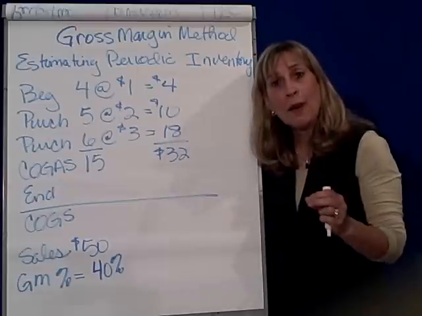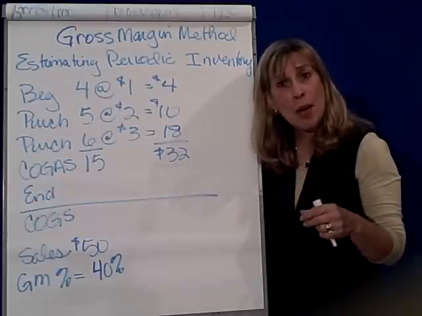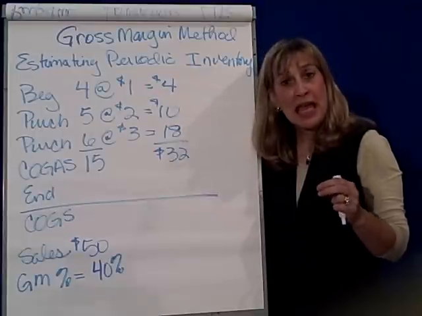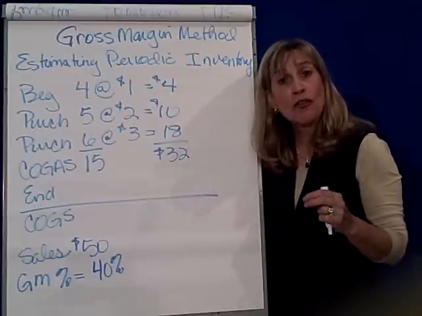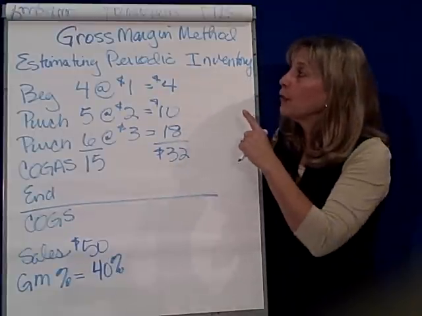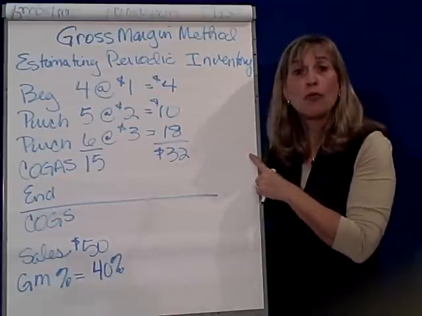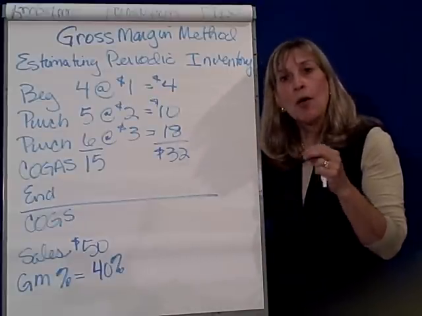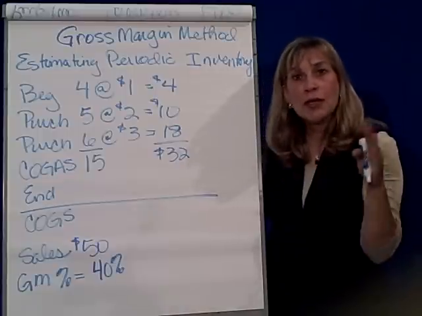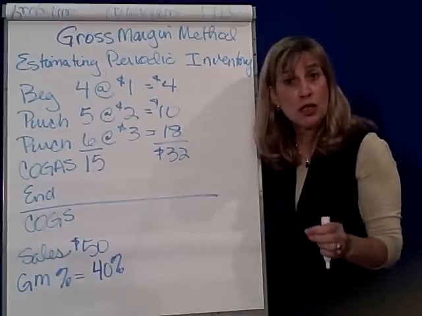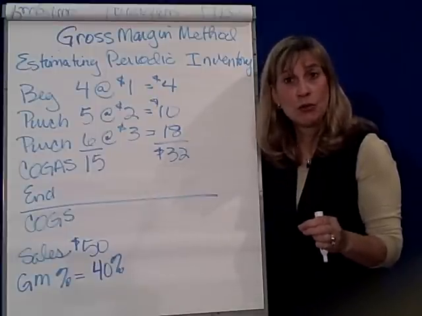So what has happened over the years is we've come up with some methods for estimating ending inventory and cost of goods sold for the periodic method, and the method is called the gross margin method. Now, we use this during the period when we want to do beautiful financial statements, but we don't want to take a physical inventory.